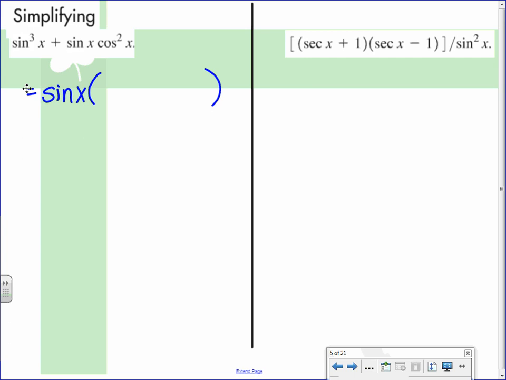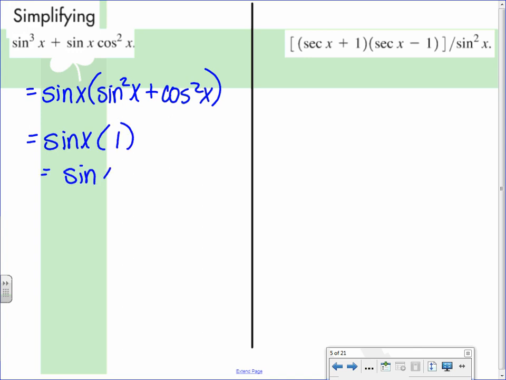Sine squared plus cosine squared. Does that look familiar? These are reasons we want to memorize our identities, because if we see something like this, it should jog something in our brain that says, hey, that's a thing, find it on my paper. Sine squared plus cosine squared is equal to 1. And sine times 1 is sine. When you get down to a single function, you're done. That's as far as you're going to be able to simplify it.